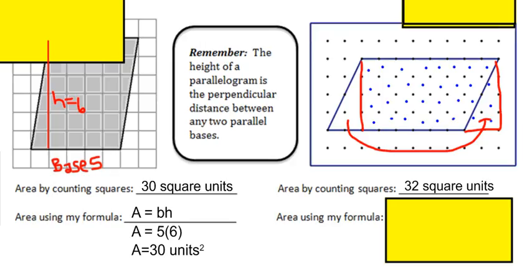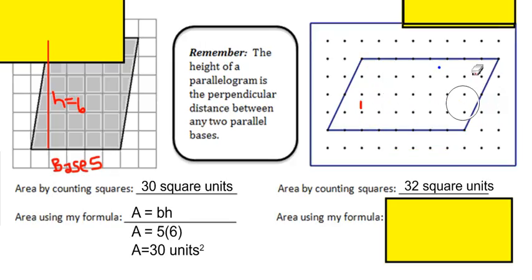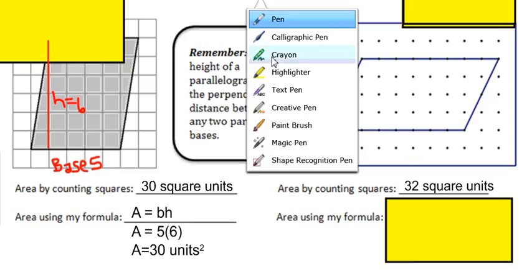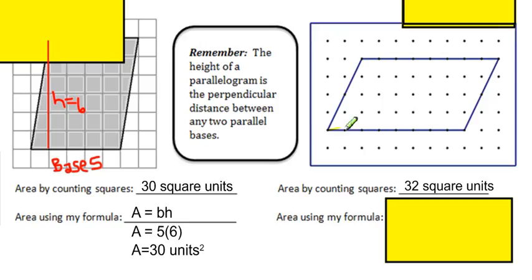And when I use the formula, I'm going to see the base as, I'm going to look at this bottom space right here. Let me switch over to highlighter. 1, 2, 3, 4, 5, 6, 7, 8. So my base is 8.